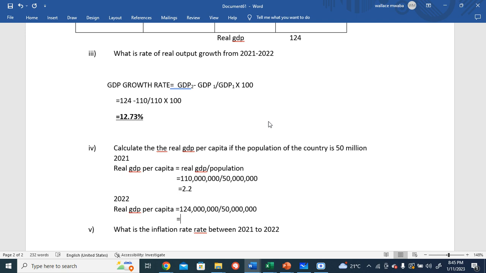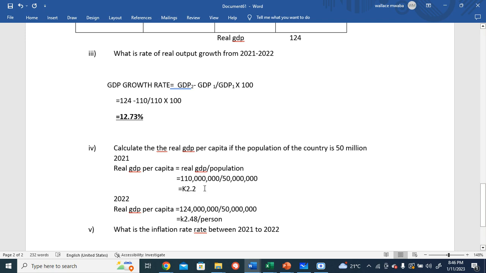So 124 million divided by 50 million is 2.48 kwacha per person.